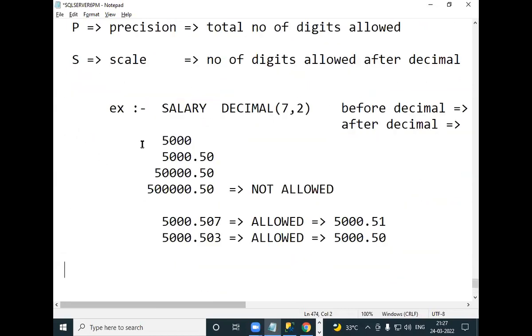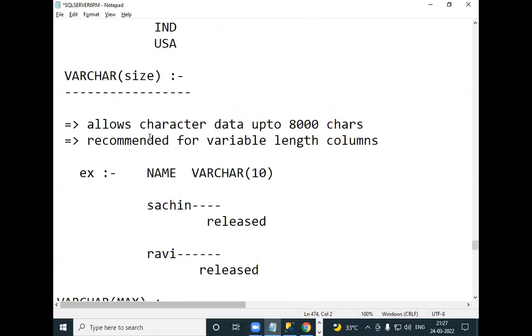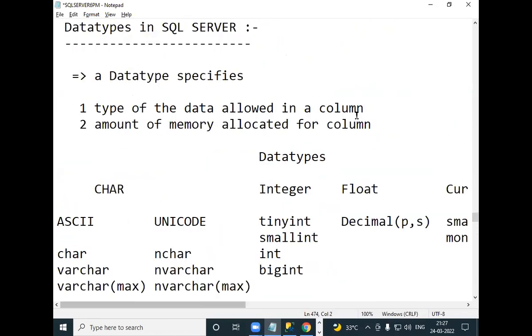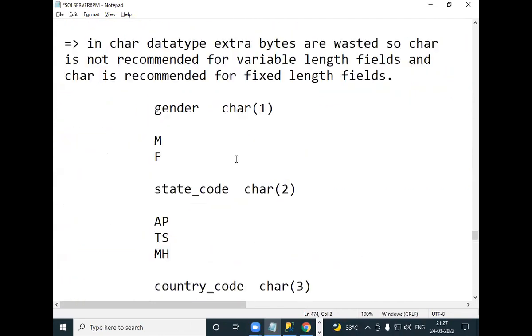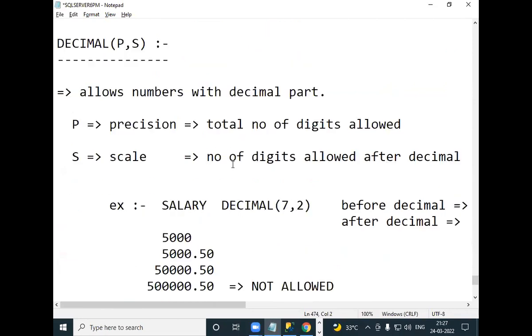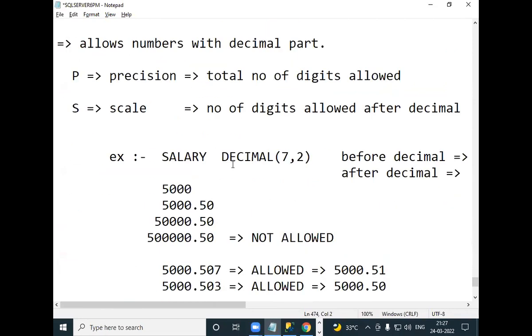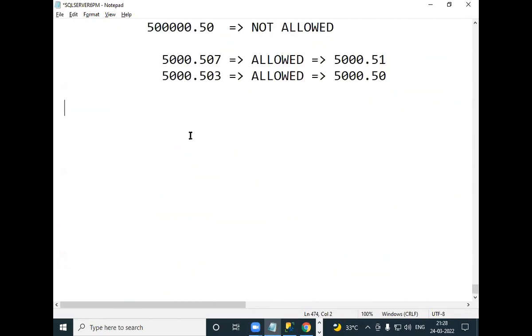Okay, then. Next. This is decimal. What is the next one?